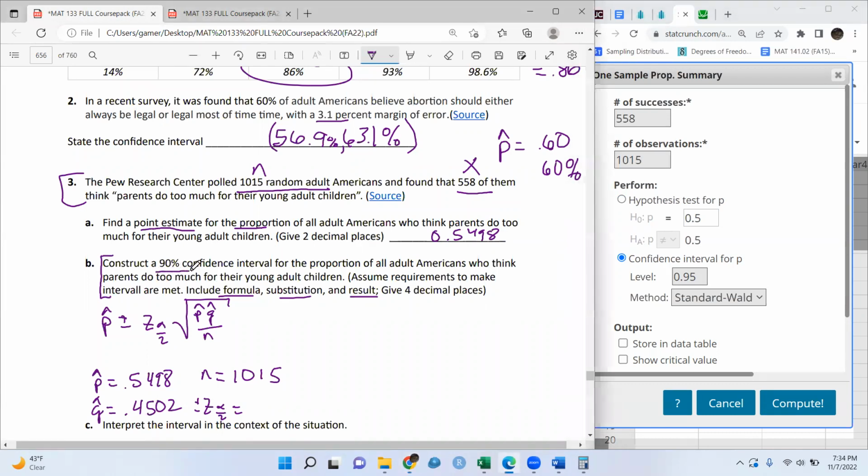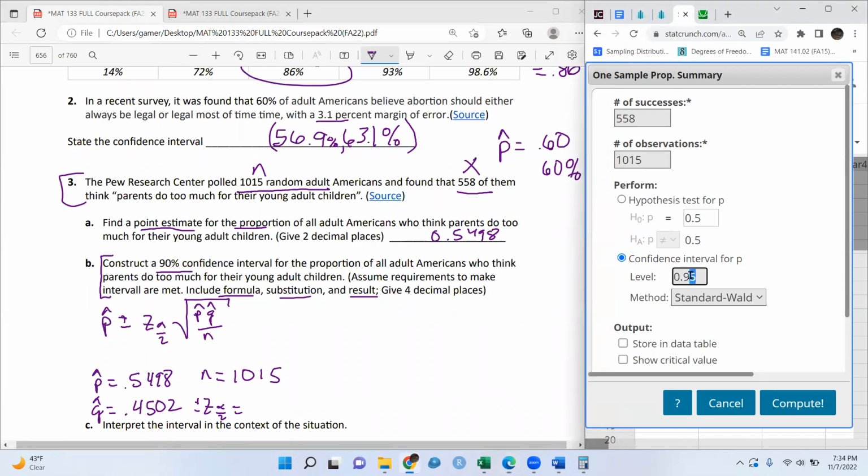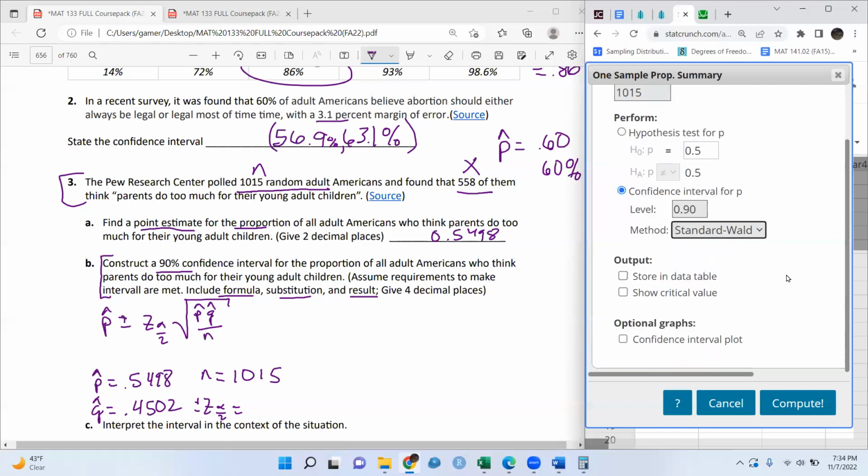This always is given to you. So we need to change the level to 0.90. And the method is always going to be the standard Wald method. There is another one. We're going to pretend that doesn't exist and ignore it. And then because we want the critical value, we want to select this so that we can just copy it instead of having to use the normal calculator.